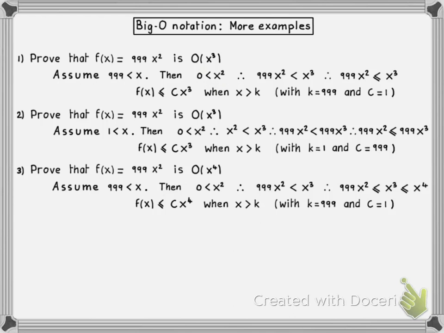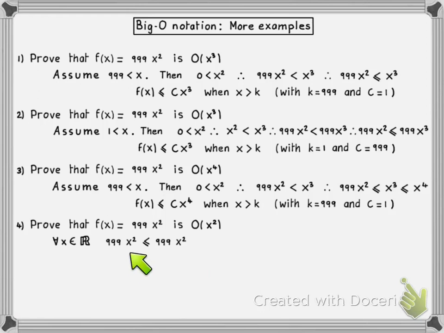So for the next example, we want to prove that f of x is actually upper bounded by x squared, or that it's dominated asymptotically by x squared. So it turns out the proof of this theorem is pretty simple because for any real number without any constraints at all, this number is clearly less than or equal to itself. And this happens to be f of x. This is a constant times x squared.